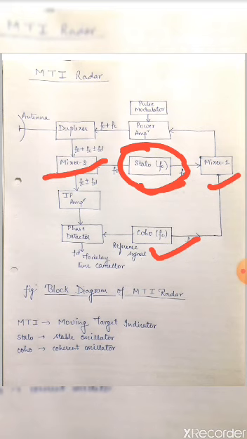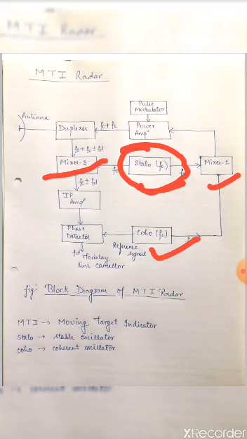The stalo is a very high stability oscillator used because if the local oscillator frequency changes or varies, then an uncancelled clutter residue can result at the output of the delay line canceller, which might be mistakenly treated as a target.